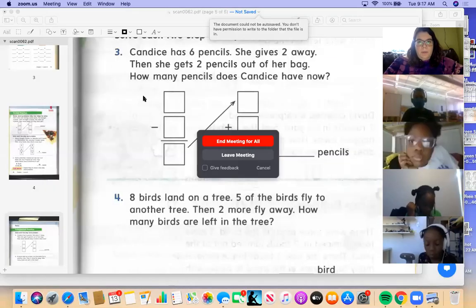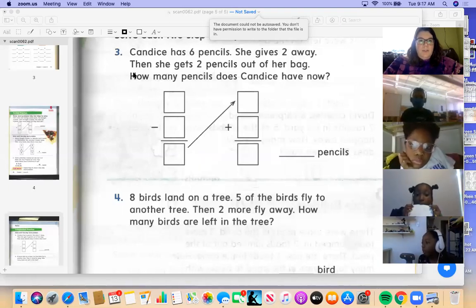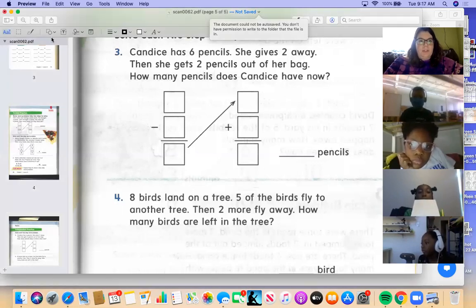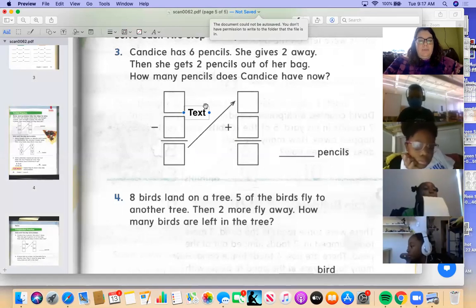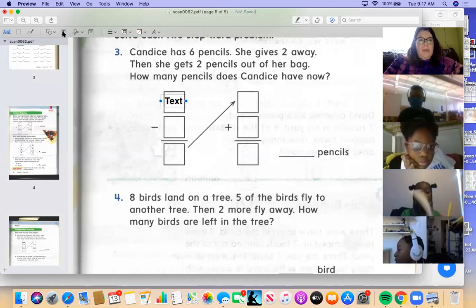All right, everybody. So let me share. Sorry if you had trouble seeing the problem in the chat, but let's just go ahead and do it here now. So Candace has 6 pencils. She gives 2 away. What is our first step that we're going to do?